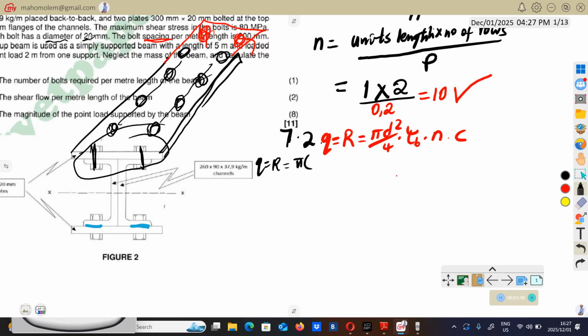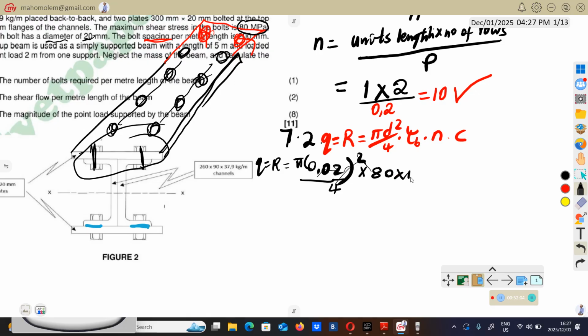Diameter is 20 millimeter. You convert it to meters, we divide by 1000, then we'll have 0.02 squared. Multiply by, over 4, multiply by the shear stress, which is 80, this one.